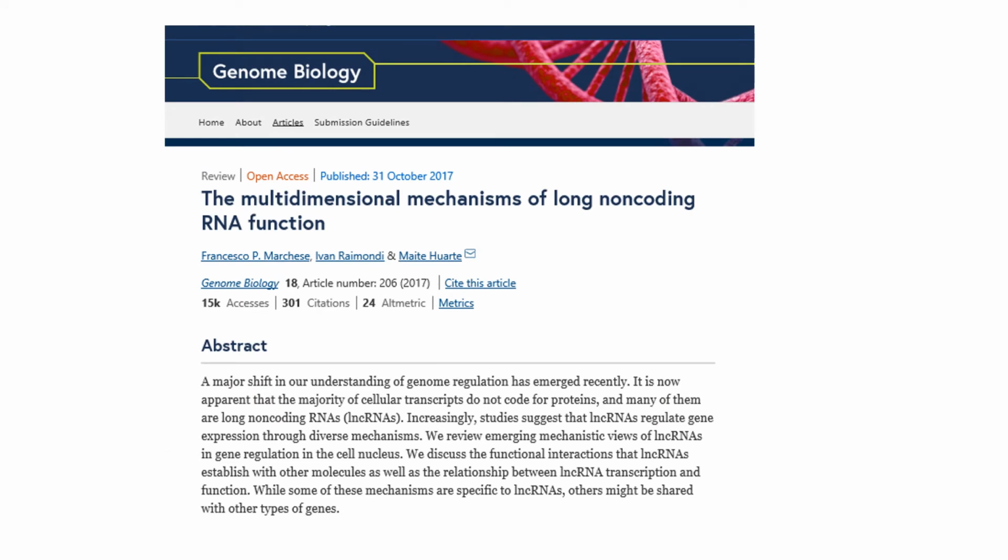And now I just want us to get into just a little bit of detail about three different types of non-coding DNA. And let us begin by saying that non-coding DNA functions by making non-coding RNA. At least some of its function.